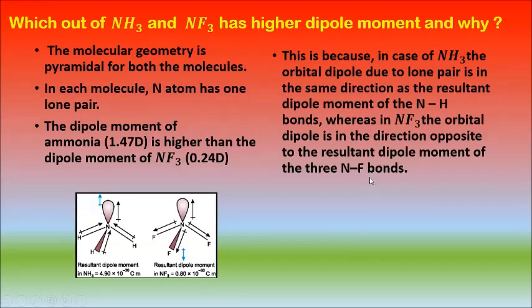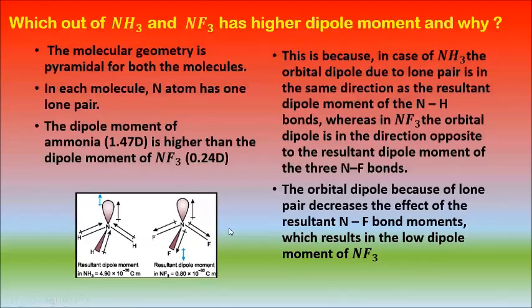This is because in the case of NH3, the orbital dipole due to lone pair is in the same direction. We can see here both the directions are the same. As a result, the dipole moment of NH3 is higher. In NF3, the orbital dipole is in the direction opposite to the resultant dipole moment of the 3 NF bonds.